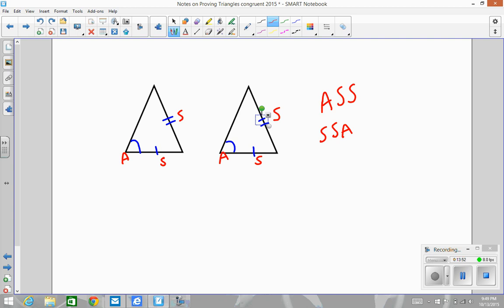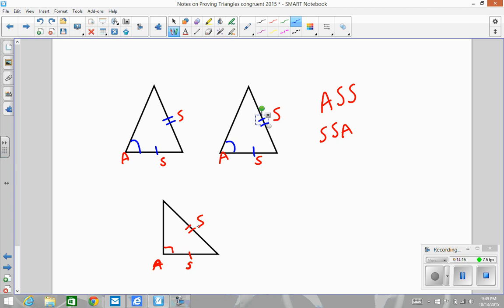Now, there is one time where it does work, but your figure has to look like this. Because if you look at this figure and we put the information in this one, this is an angle, this is a side, and this is a side. Well, actually that's not true because that's no longer an angle.